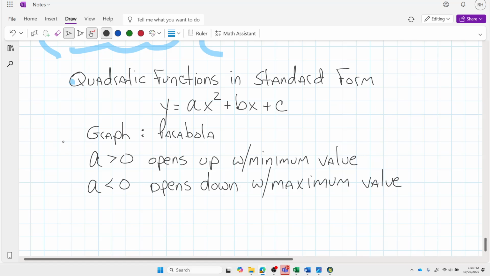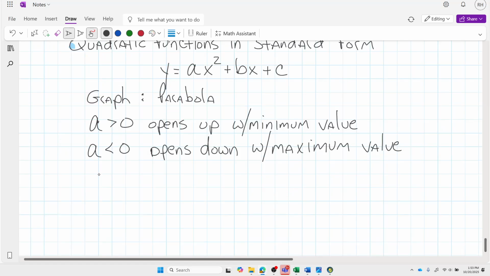Now, your domains are still going to be all real numbers, and then your range will be based on the y value at the vertex.